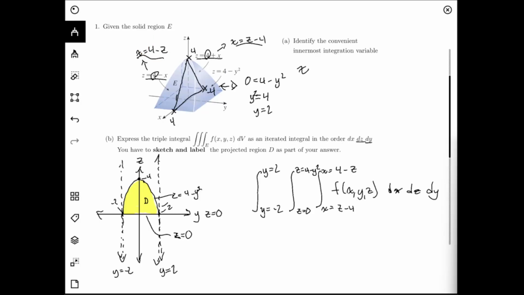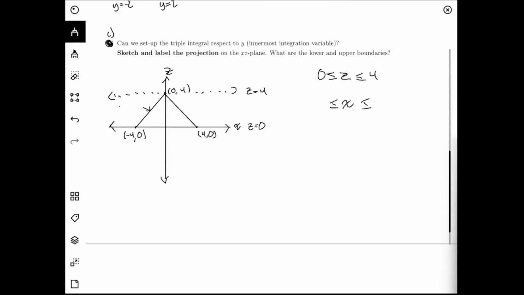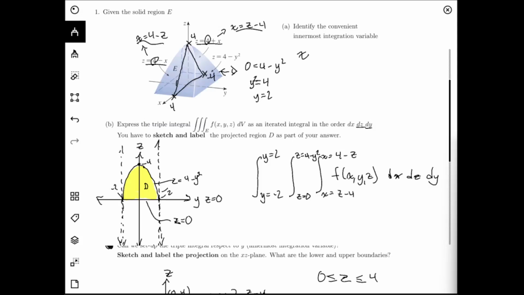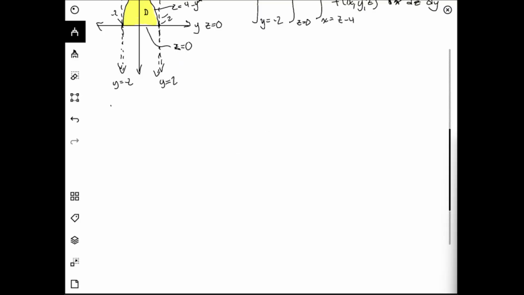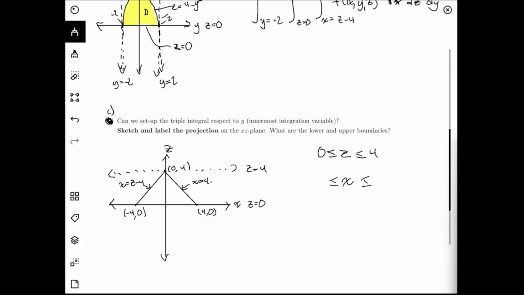Yeah, it's this one over here, on the negative side: x equals z minus 4. Another one is x equals 4 minus z. Okay, lower bound is z minus 4. Upper bound is 4 minus z. Okay, that answered the question.